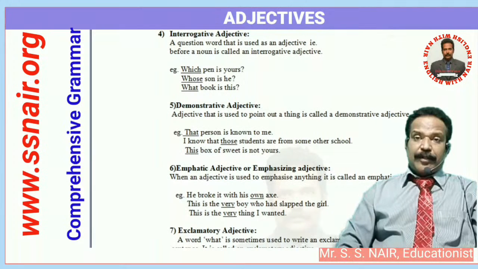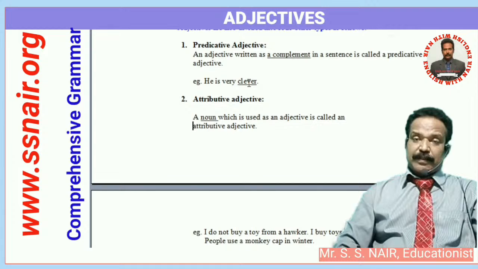Predicative adjective we already discussed. An adjective written as a complement in a sentence is called a predicative adjective, that is, coming at the end of a sentence. He is very clever. That book is interesting. Now, interesting is an adjective, but is used as a complement. So it's called a predicative adjective.